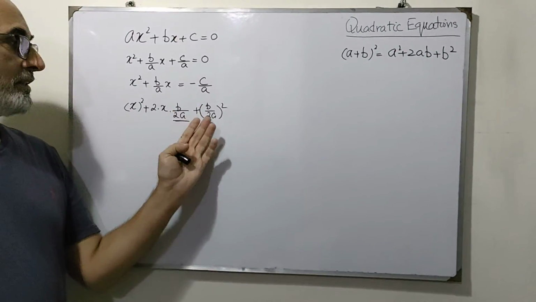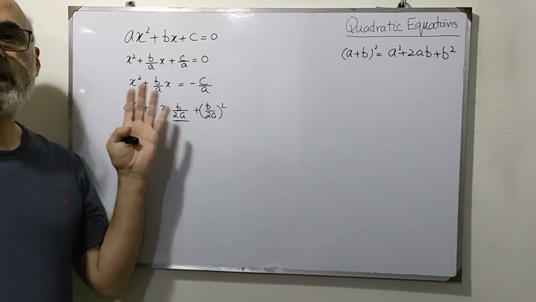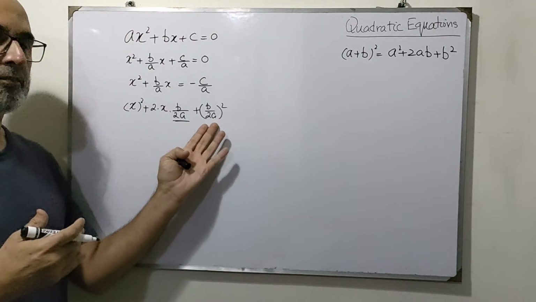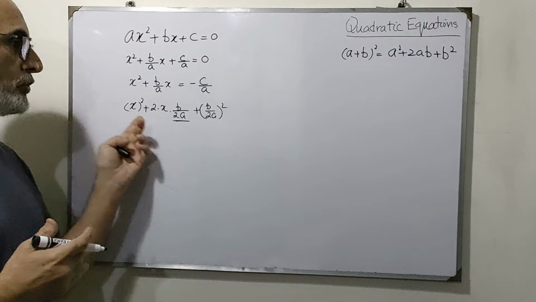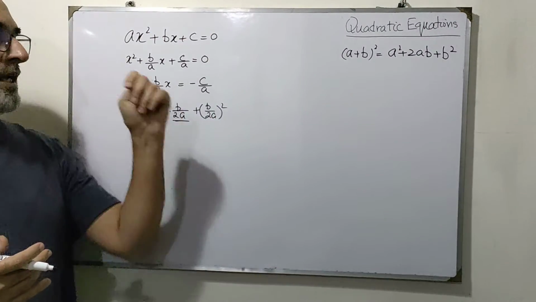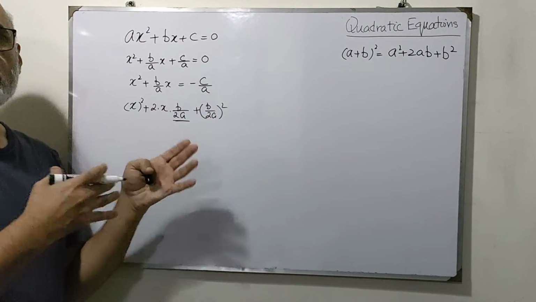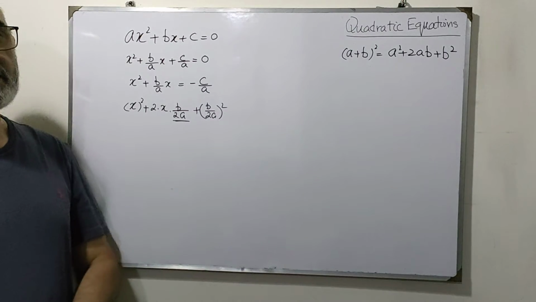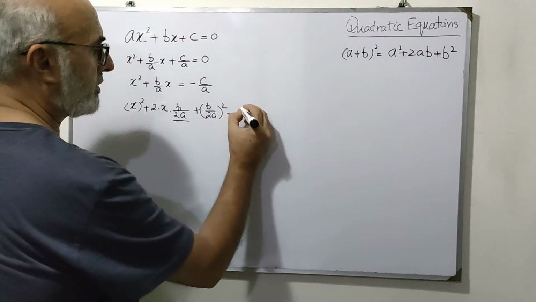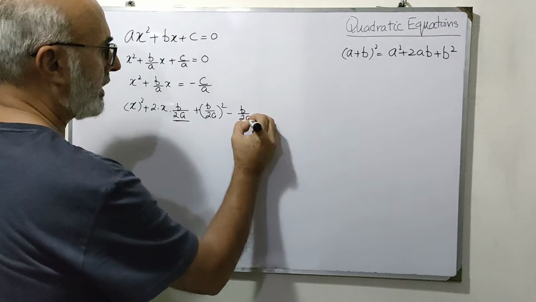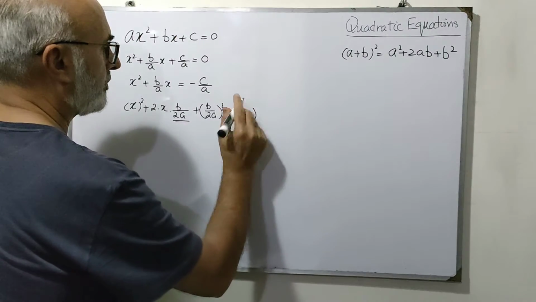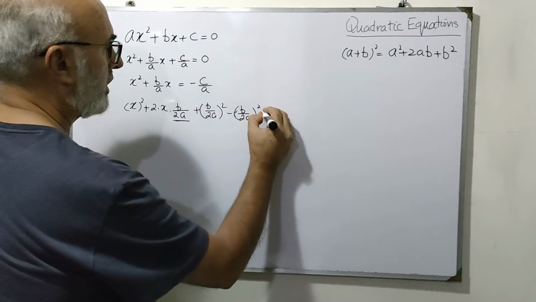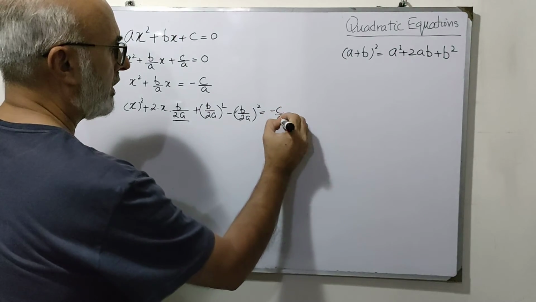Now this term was not here. I have introduced this term to complete the square. Since I have introduced this term, I have to subtract it as well: minus b over 2a square is equal to minus c over a.